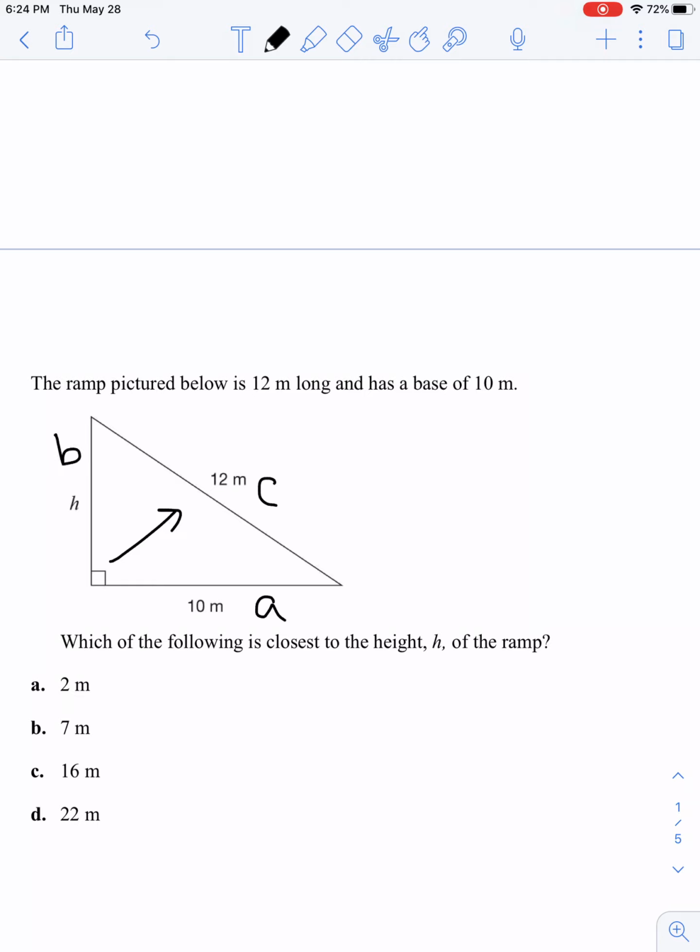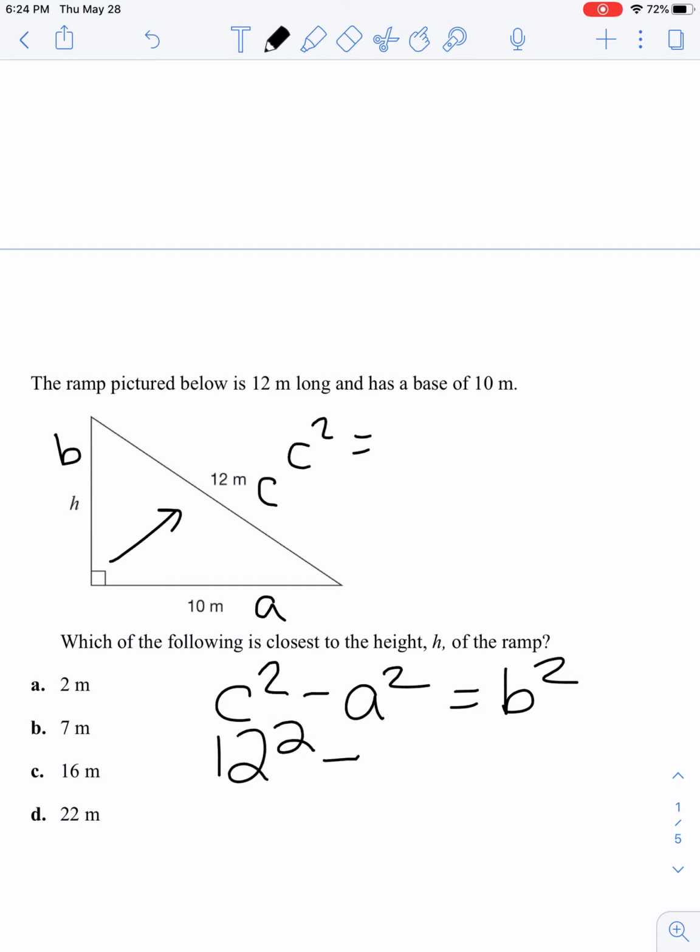We just saw that when we know the longest side, we're going to have to subtract the square of the longest side minus the square of the leg that we know. And that's going to give us the square, or the area, on the missing side. So we're going to start by doing 12 squared, which is 144.